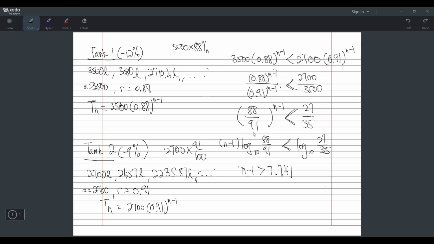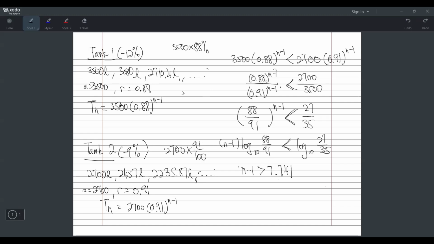If you don't believe me, you can press it now. They really give you negative 0.0 something. Both will give you negative answers. That's why negative divided by negative gives you positive here. So when you divide by a negative, you have to reverse the inequality.